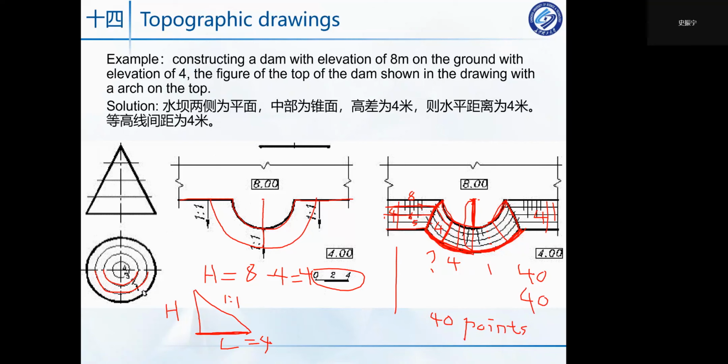So as for our homework and as for engineering drawing, it depends. You can draw 3 or 4 or 5 lines between these two lines.